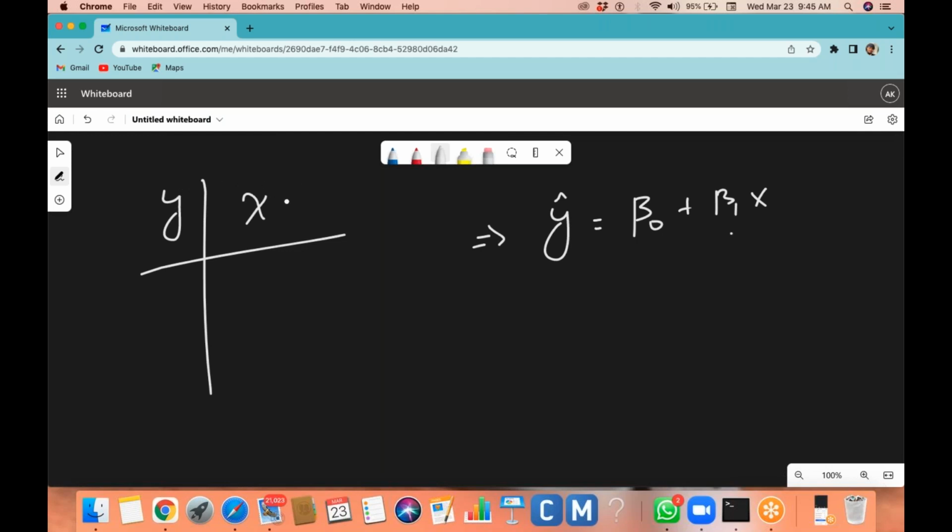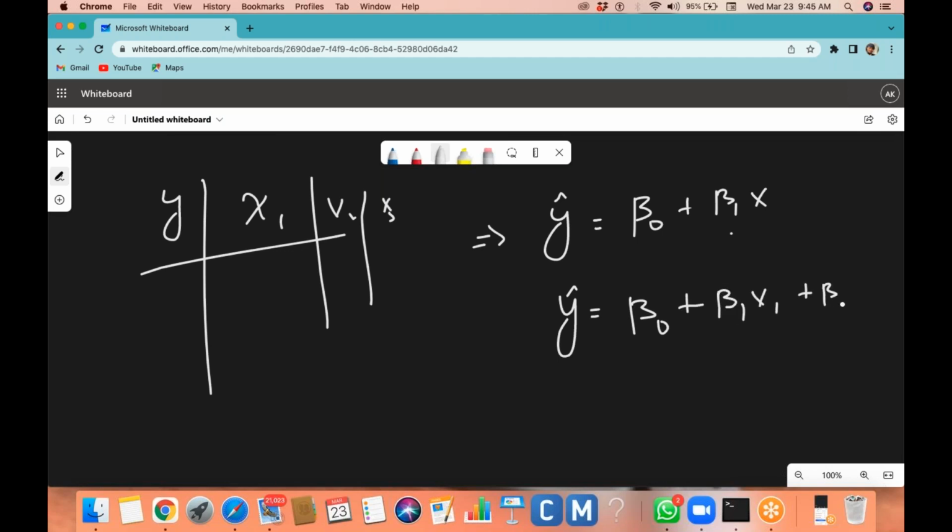This is when I have only one input variable. If I have multiple input variables, then what happens? If you are increasing the multiple input size, then my y hat could increase something like this: b naught plus b1 x1 plus b2 x2 and so on.